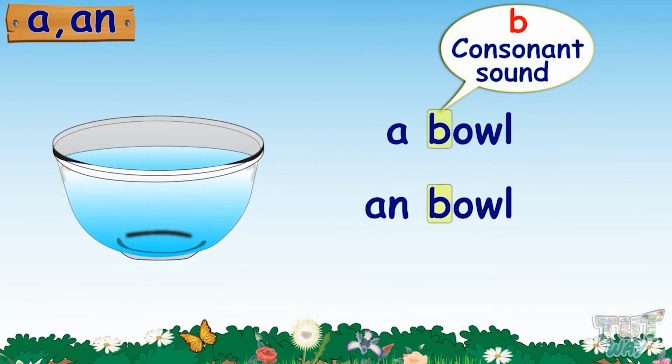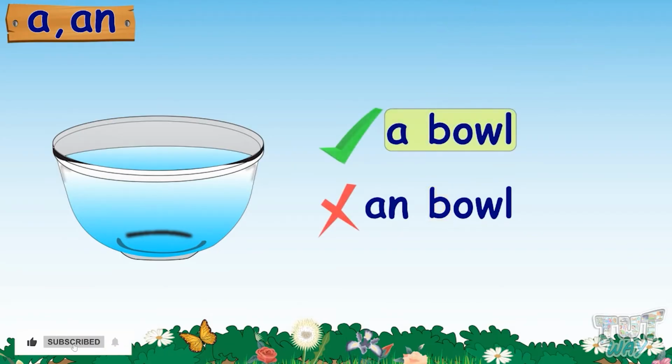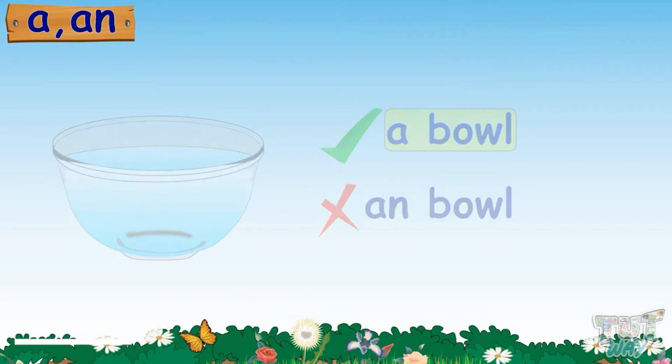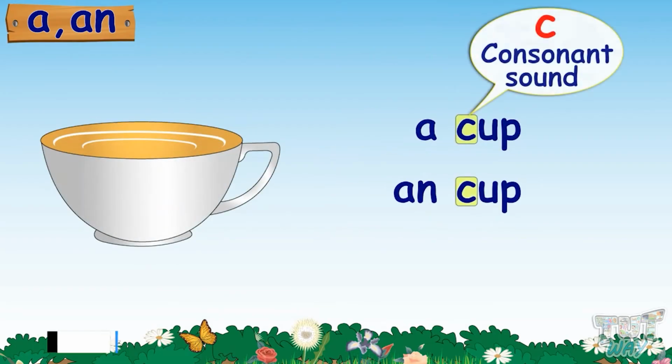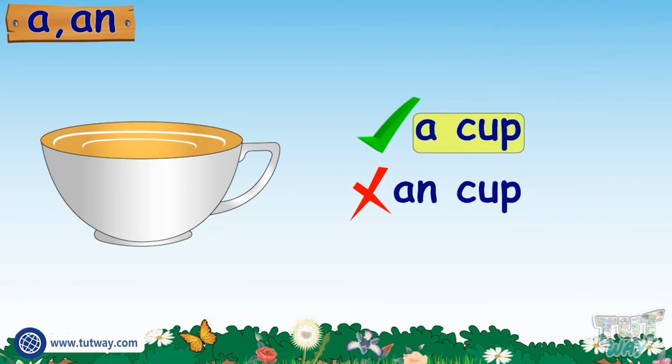Bowl begins with a consonant sound, the sound of letter B. So we will say a bowl. Cup. Cup begins with a consonant sound, the sound of letter C. So we will say a cup.